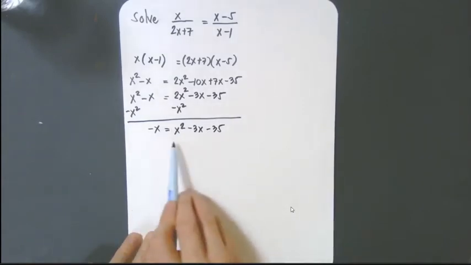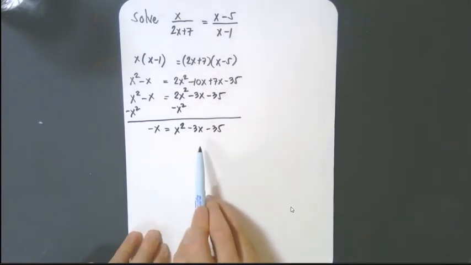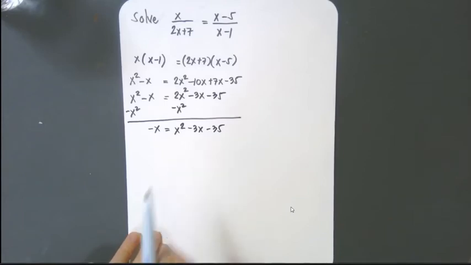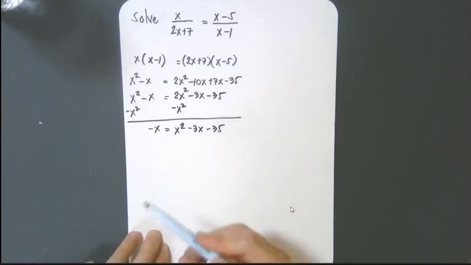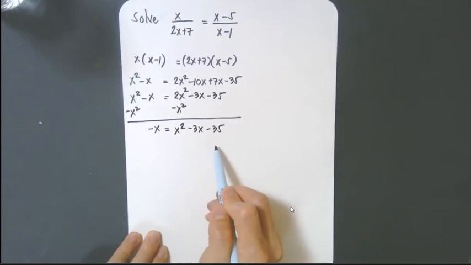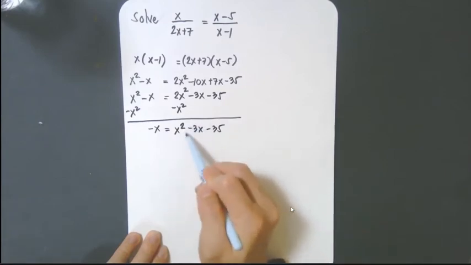But look, I can see here that this is a quadratic equation. Now, what do you know about quadratic equations? Quadratic equations can be factored. Then after factoring, you can get the values of x. So in this case, don't get rid of the negative 3x.